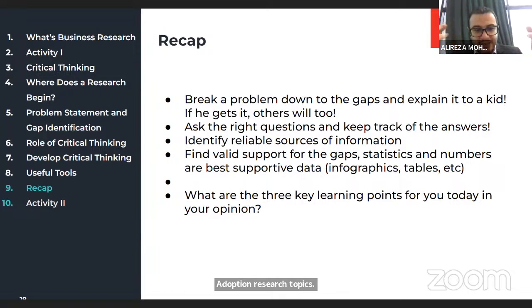So these emerging things are all causing extra complexity, which requires critical thinking skills to break them down into smaller parts.